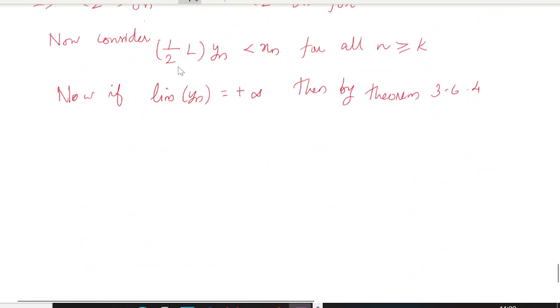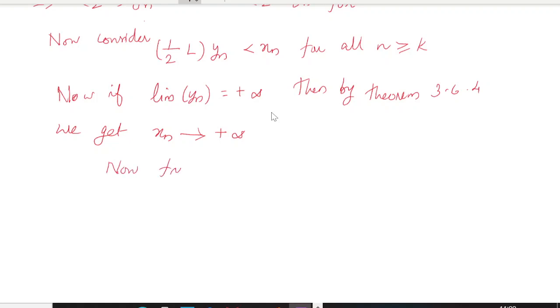Here 1 by 2 L into yn is less than xn. If this sequence converges to positive infinity, then by this theorem xn also converges to positive infinity.